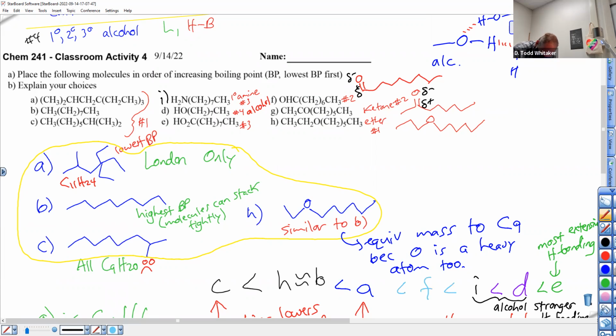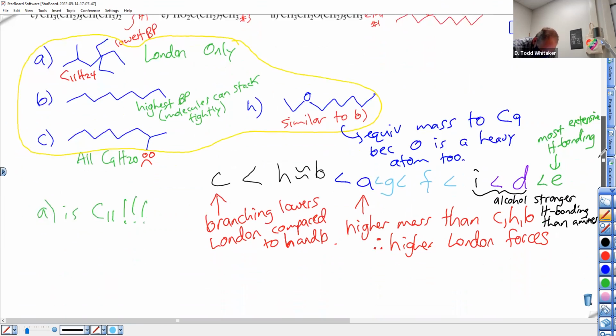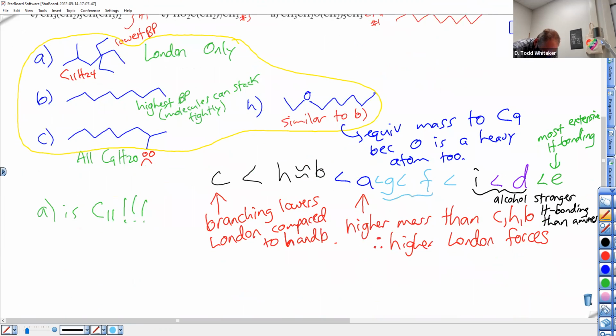F, I like how she said that. G appears to be a little more branched, right? It's not just a line of atoms, is it? And F is, I'm going to use your word, I'm going to use your thought process for my explanation. F less, oh, how about F more linear?